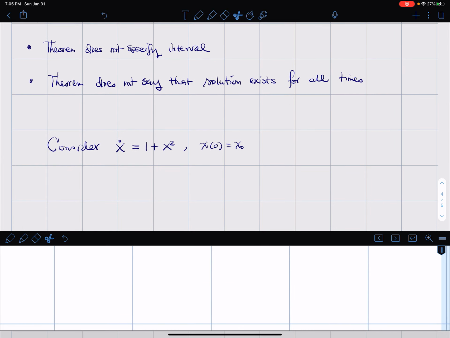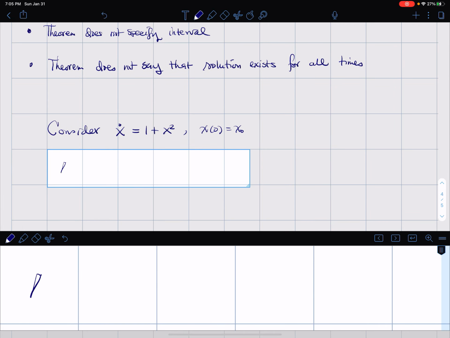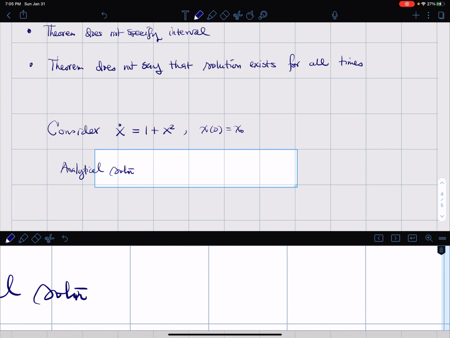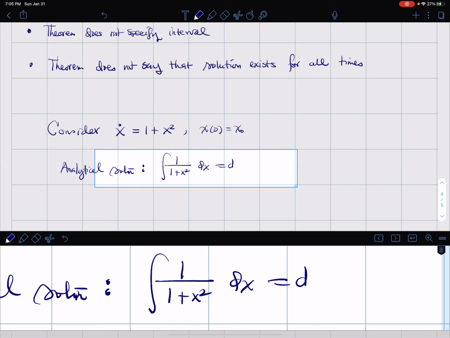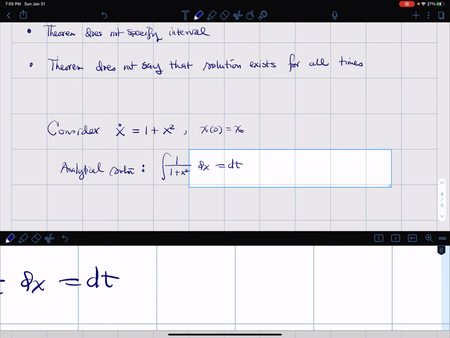The analytical solution, so the solution that we get when we do it using the 286 method, if you separate it and do integration, you get something like this, dt. We just separated it, which means that inverse tan of x is equal to t plus c is a solution.